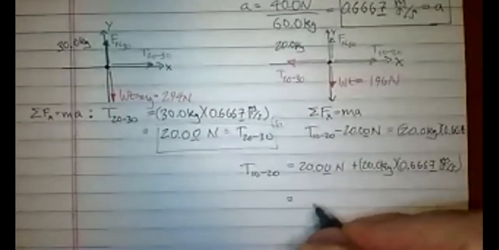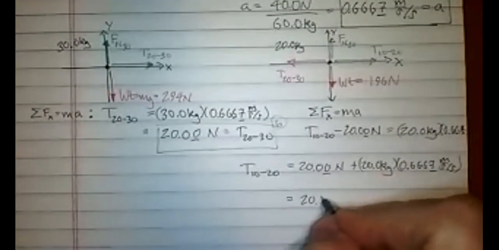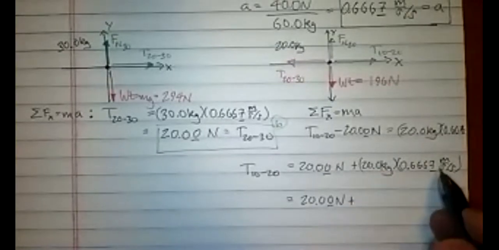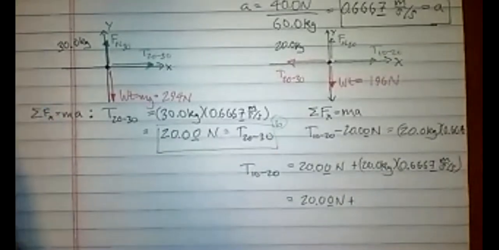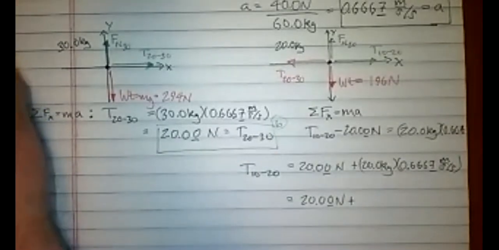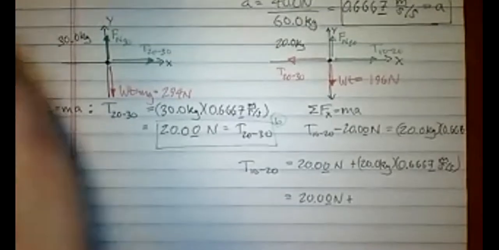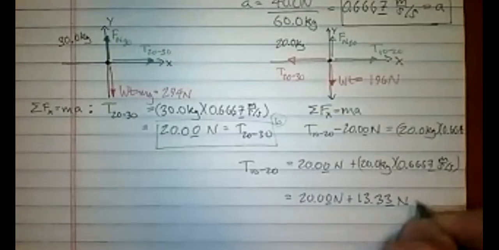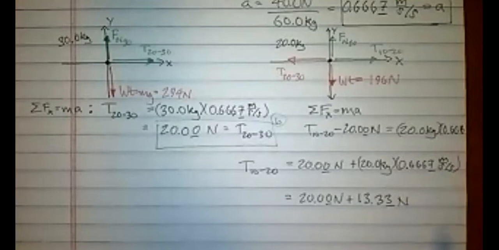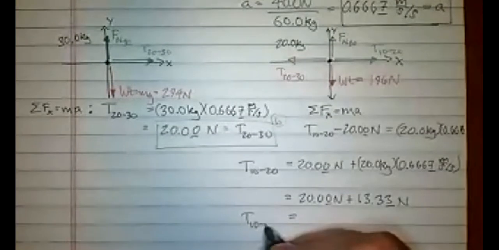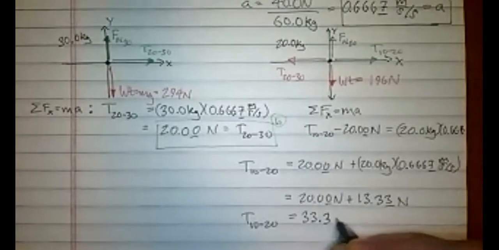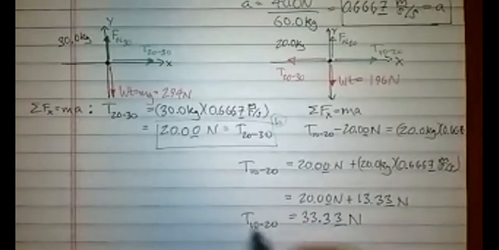So this is going to give us 20 newtons plus 20 kilograms times 0.667, and that figure is 13.33. Kilograms times a meter per second squared is in fact a newton. So T10-20 is actually equal to 33.33, carrying one extra sig fig, newtons.